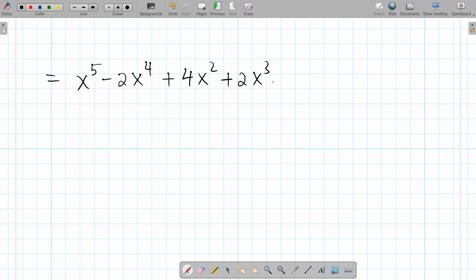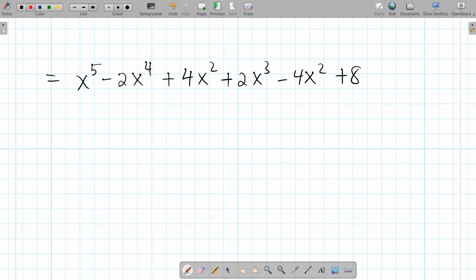Just rewriting what we did before, 4x squared and plus 8. So what I need to do here will be to check to see if I have any like terms to collect. I have x to the 5th power. I don't see any x to the 5th power anywhere. So that has to be maintained.